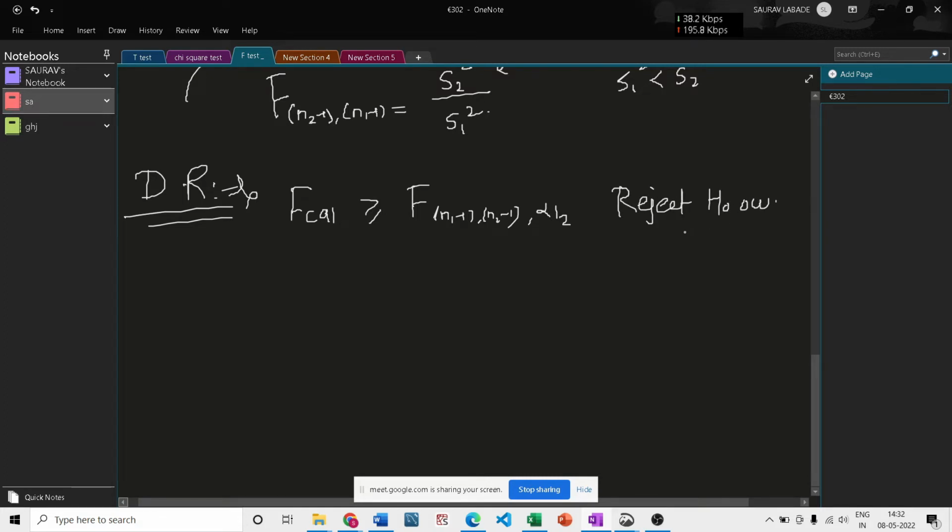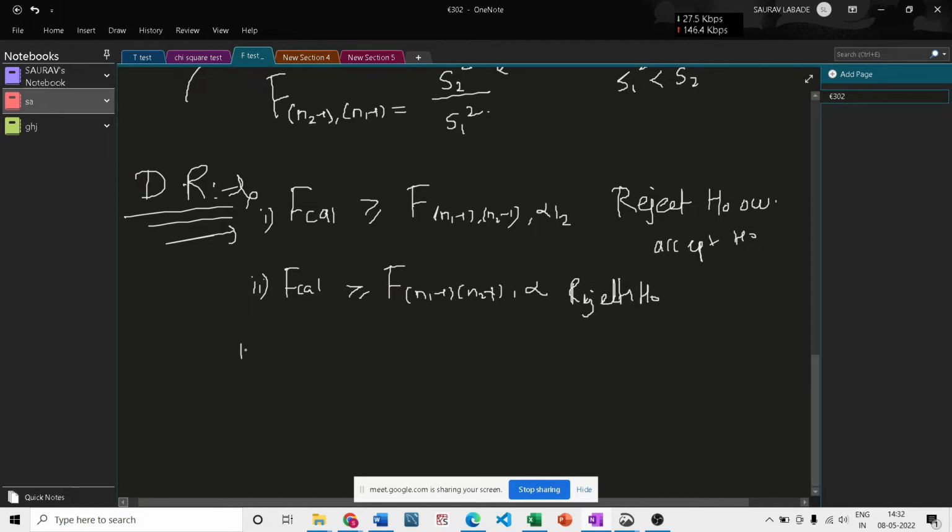Otherwise, accept H naught. This is for the two-sided. For the one-sided, if your F calculated is greater than or equal to F(n1 minus 1, n2 minus 1, alpha), then we will reject H naught.